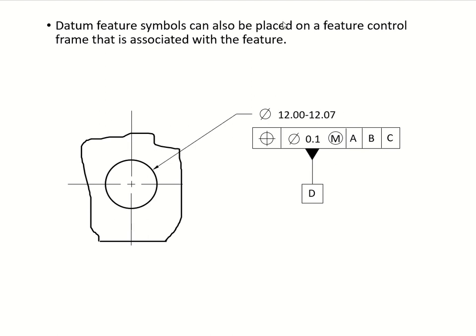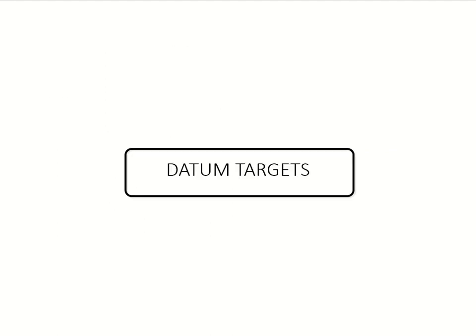Right now, just concentrate. You can put the datum feature symbol right on the feature control frame like this. That's all you need to know for now. I have to mention this because there are students who think like that, and they're always wasting time for no reason. Then we'll get into your handout number 7.